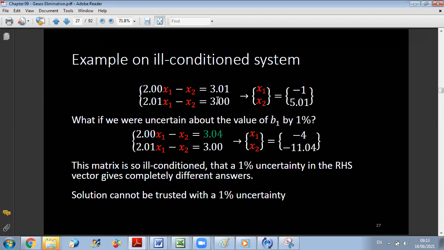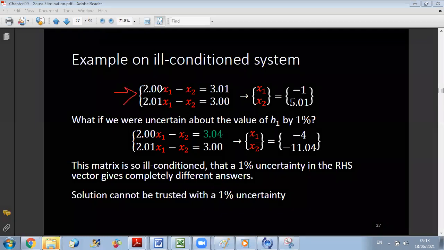For example, if you take this system, 2x1 minus x2 equals 3.01, and 2.01x1 minus x2 equals 3. You can solve it.